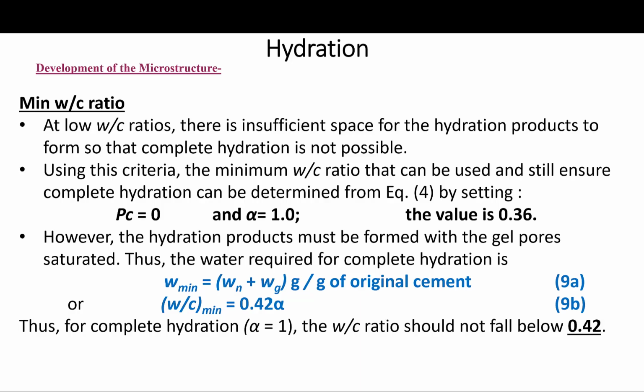So for complete hydration, where alpha equals 1, the water cement ratio should not fall below 0.42. Remember this value, okay?